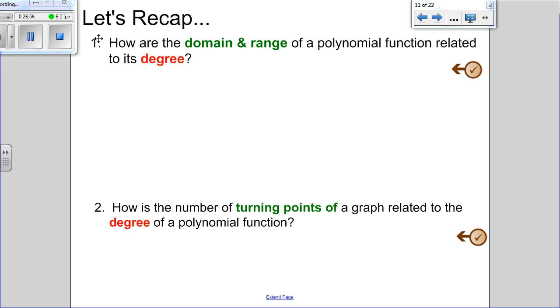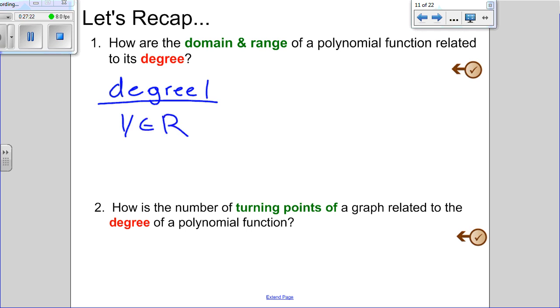The range. When I had degree 1, so you don't want to write down what I'm writing. Degree 1. The range was going to be what? y ∈ R. That was just a straight line. It went up or down. If it was degree 2, that's when we had a minimum or a maximum.